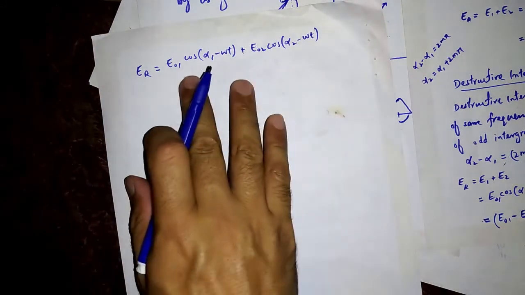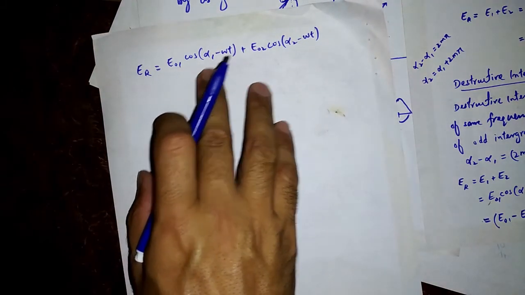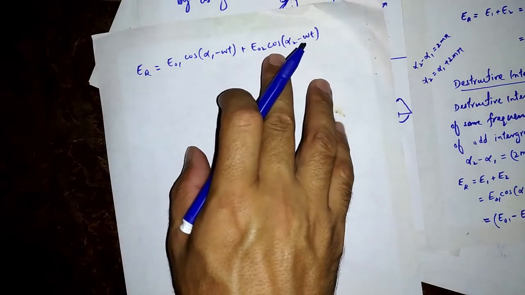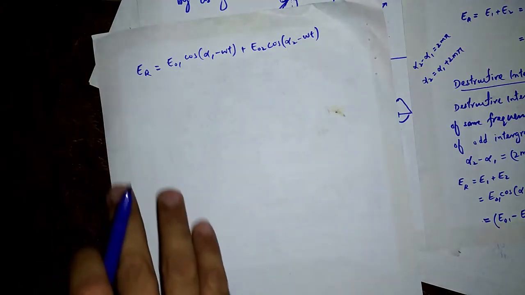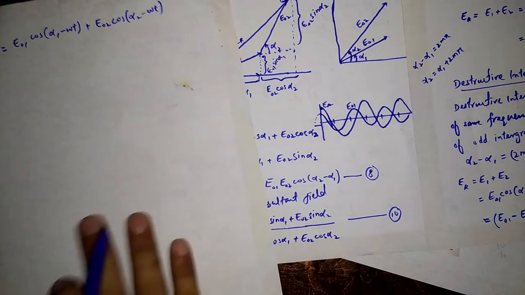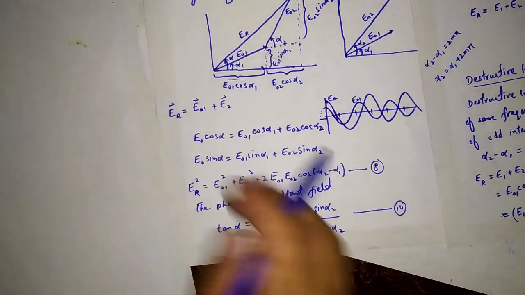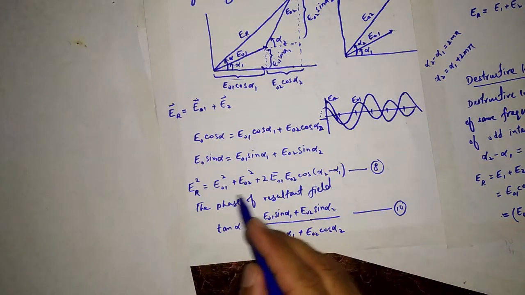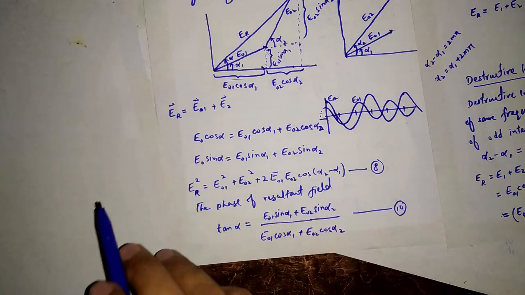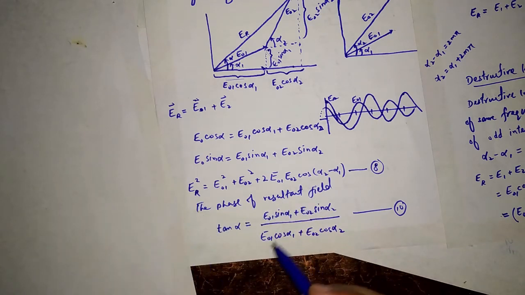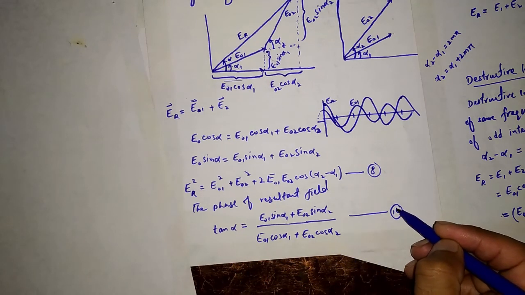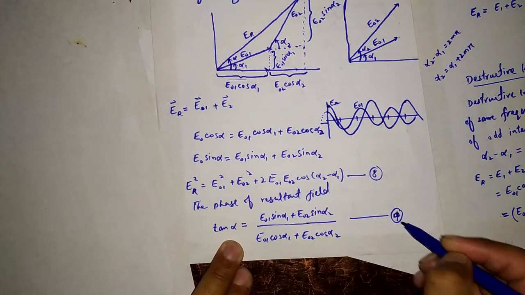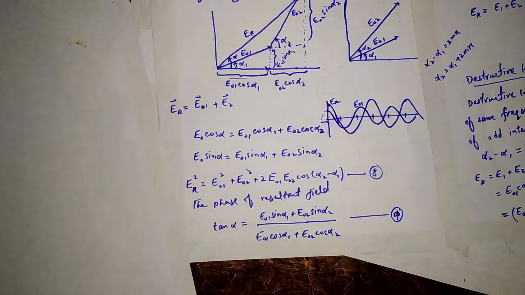If these two waves, which are neither in step nor out of step, superpose each other, then their resultant field will have an amplitude given by equation number 8, and that wave will have a phase angle given by equation number 9. Clear? So I think this is sufficient.